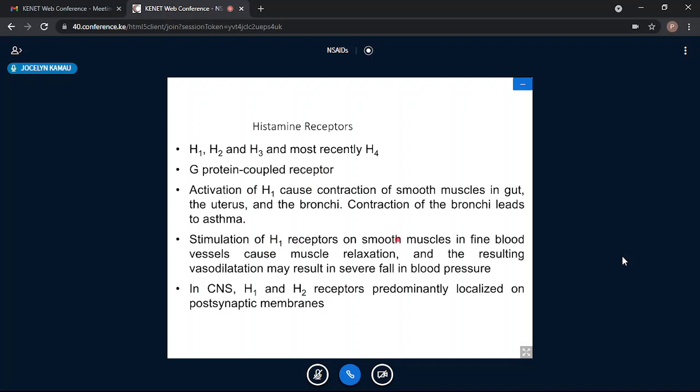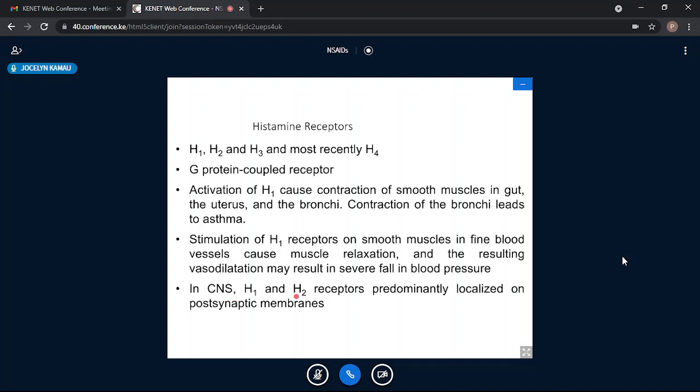Stimulation of H1 receptors on smooth muscles in fine blood vessels causes muscle relaxation, and the resulting vasodilatation may result in a severe fall in blood pressure. Remember, we said histamine results in a fall in blood pressure, so we are explaining how it comes about.